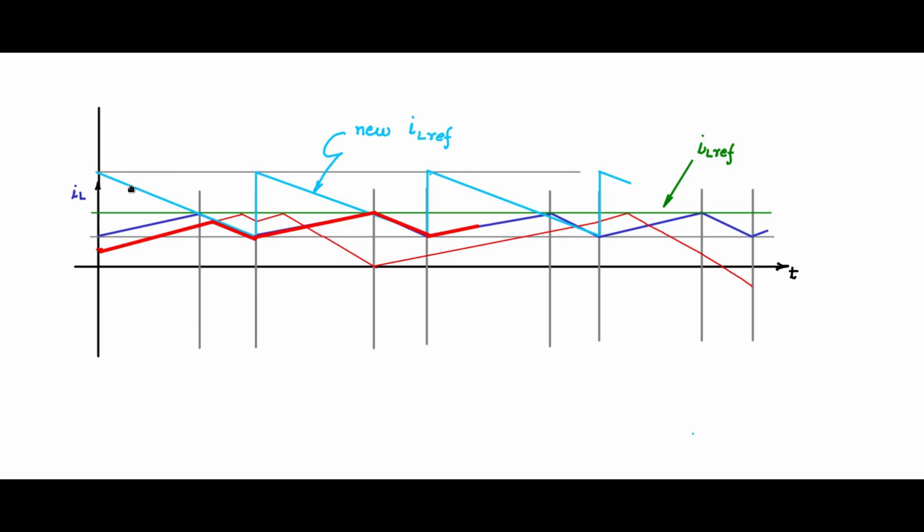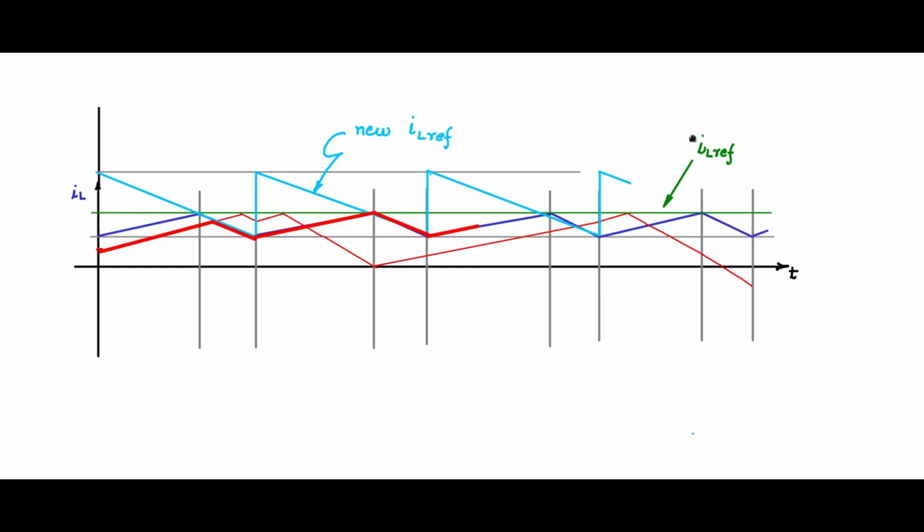This is the beauty of having this type of sloped sawtooth shaped IL ref. So you should give the slope here for the IL ref same as the falling slope of the inductor current. Then you are safe and the error will be removed within a cycle. So how to give a slope?